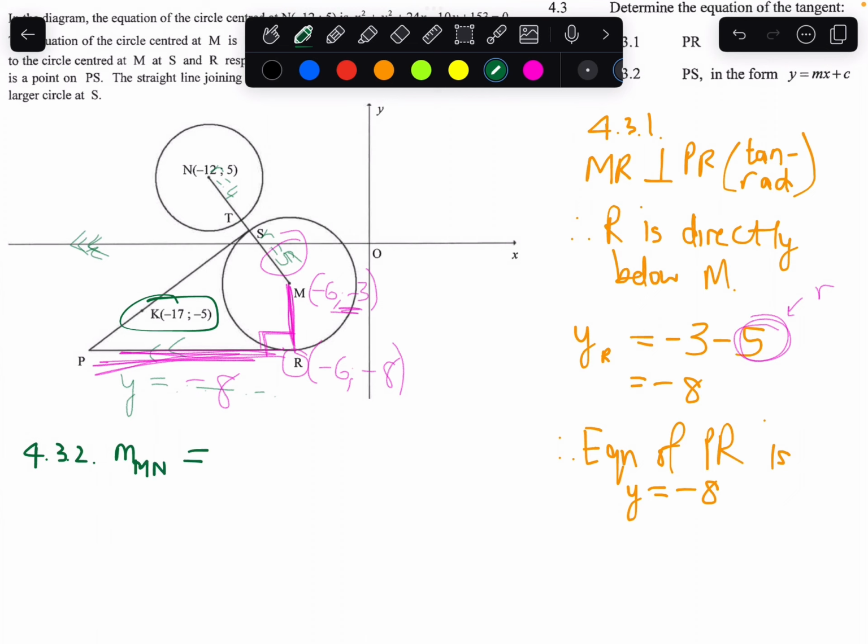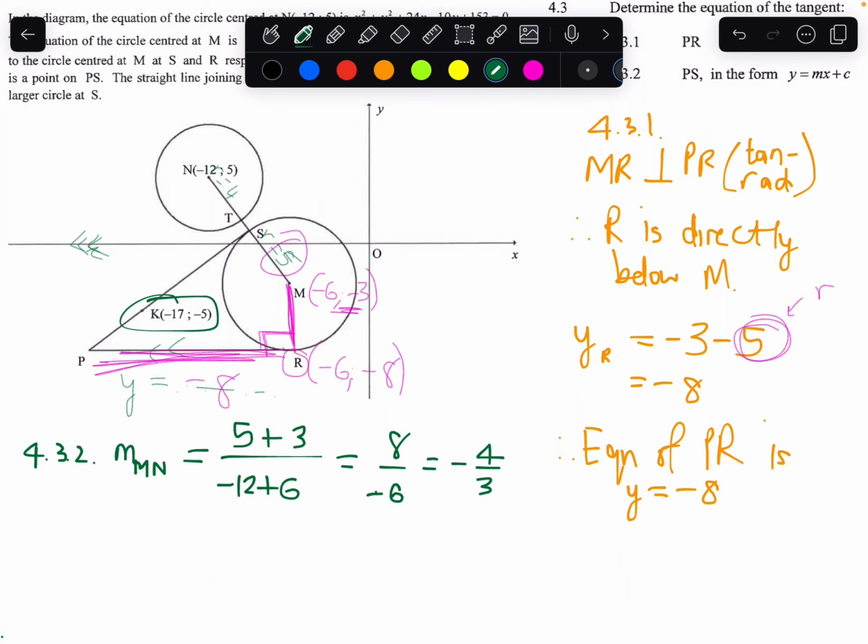So that is going to be 5 minus 3, which is just the same as plus 3, and then negative 12 minus 6, which is just the same as plus 6. So that ends up being 8 over negative 6, which is negative 4 over 3. Okay, so that's the gradient of MN.